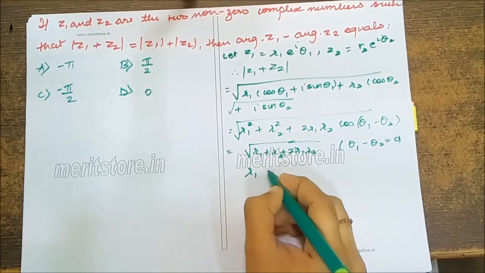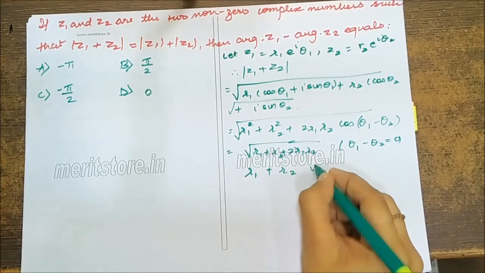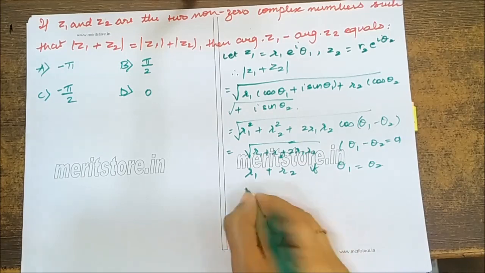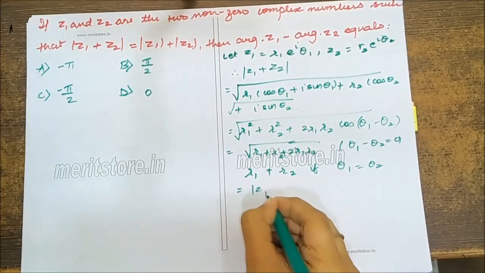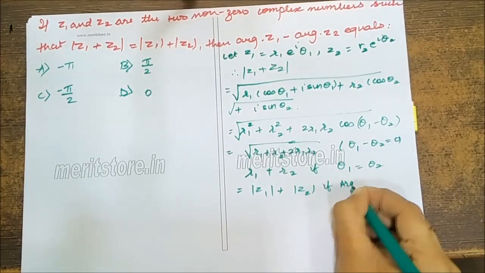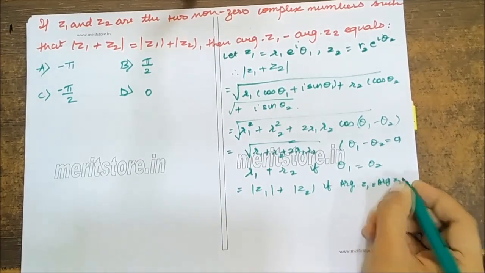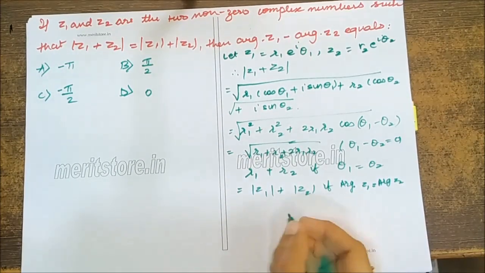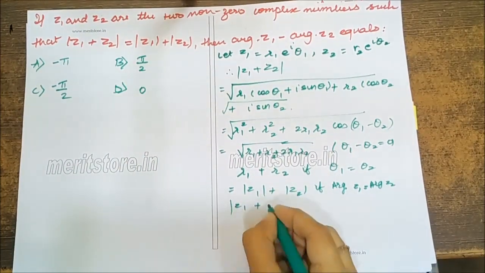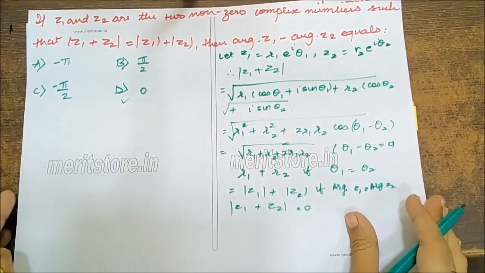So r1 plus r2, if theta 1 is equal to theta 2, that is equal to modulus of z1 plus z2 if argument of z1 is equal to argument of z2. So argument of z1 minus argument of z2 is also equal to 0. So your option is D.